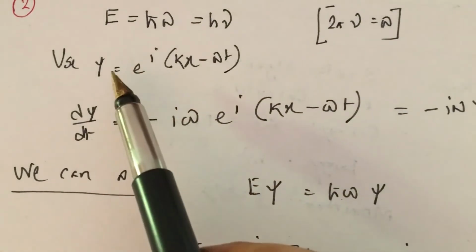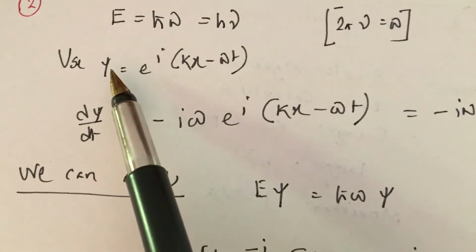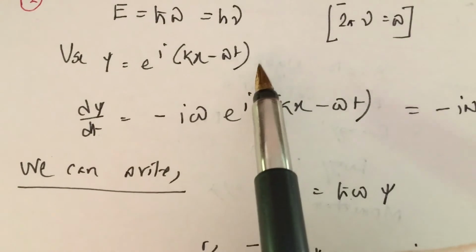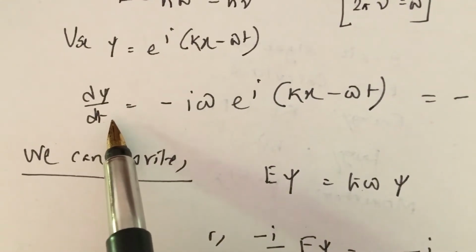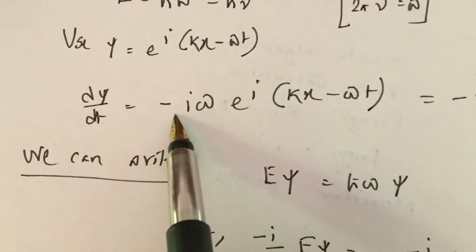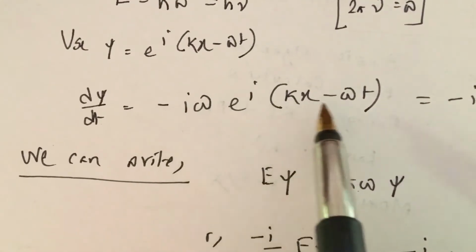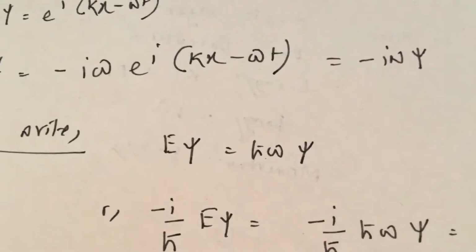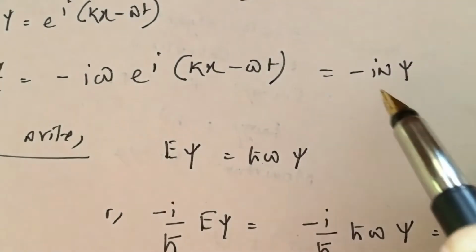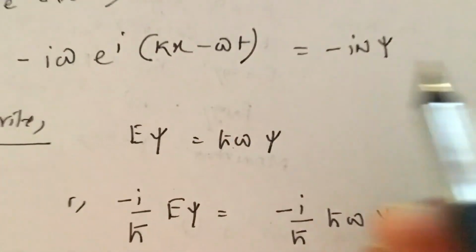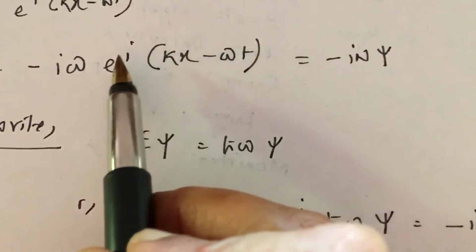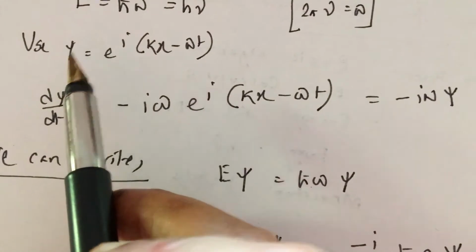And if I use the wave function psi equal to e to the power i(kx minus omega t) and differentiate it with respect to time, I get d psi dt equal to minus i omega e to the power i(kx minus omega t), which is nothing but minus i omega psi, because except for this minus i omega term, this whole thing is equal to psi.